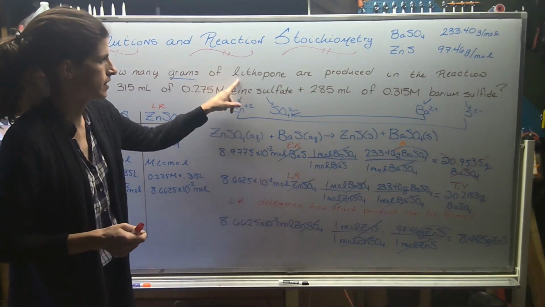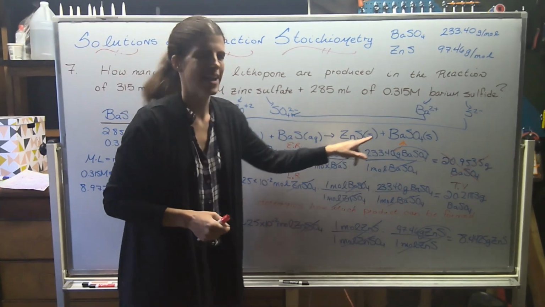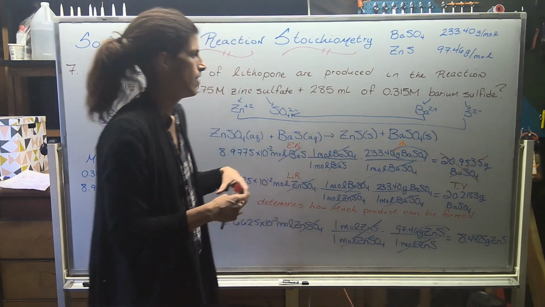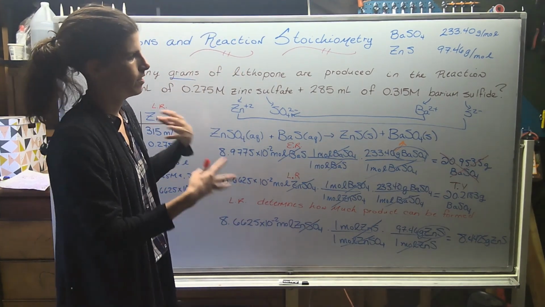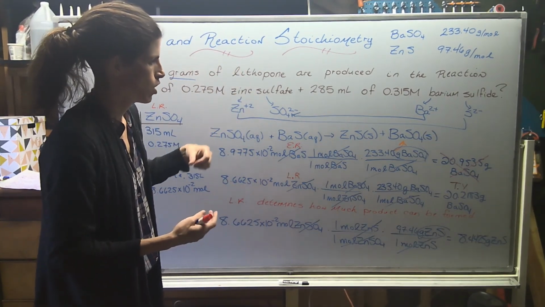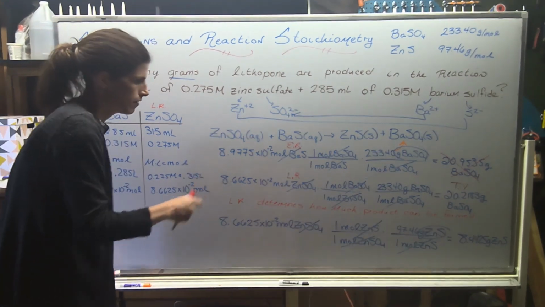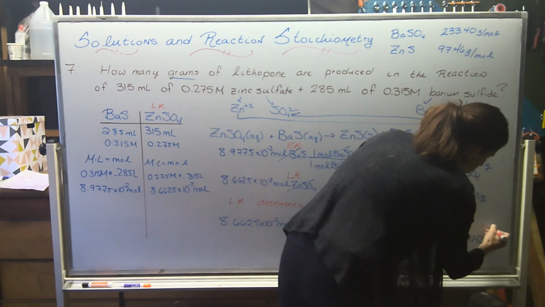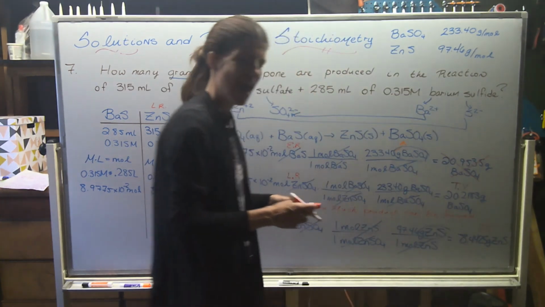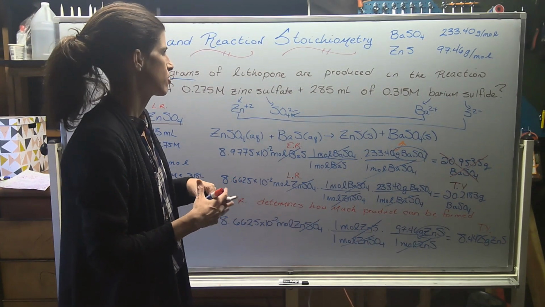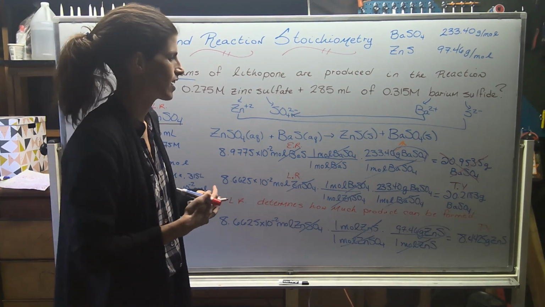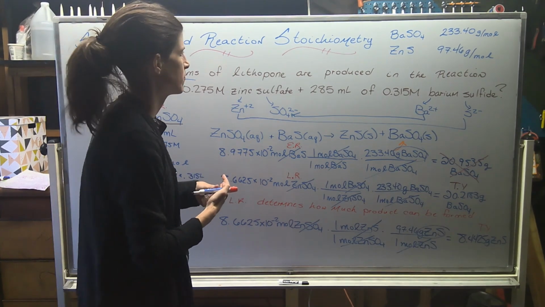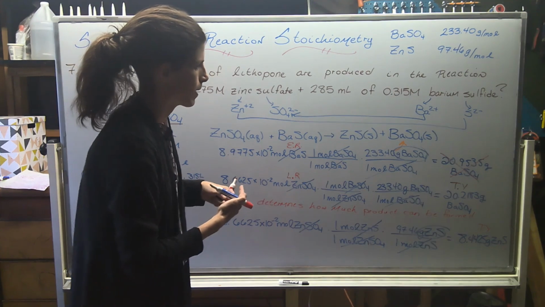So to finish this problem up, the lithopone consists of zinc sulfide and barium sulfate. And they asked us how many grams of the lithopone will be produced. So this value down here is like my theoretical yield of zinc sulfide. So I want to add up both of my theoretical yields. And this is a very specific case. Don't think, oh, every problem you're going to have to do something like this, it's case by case basis.